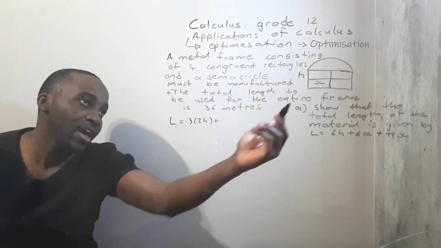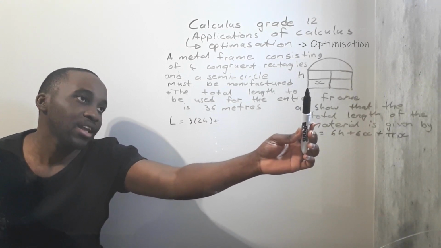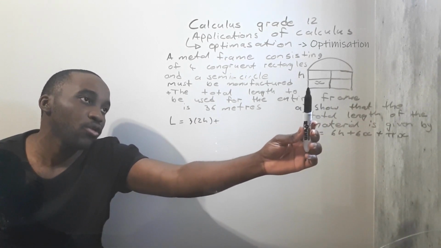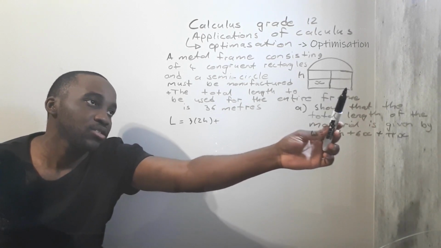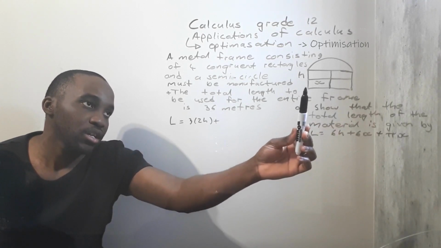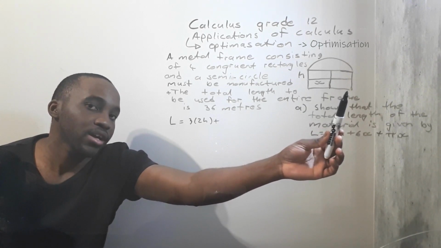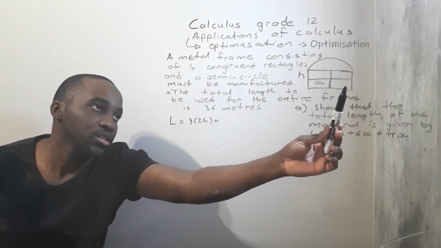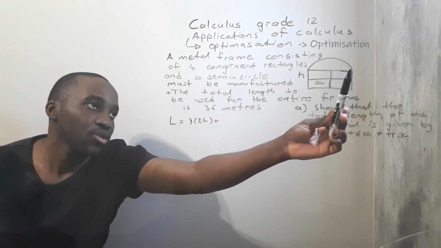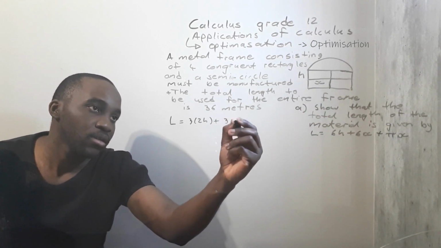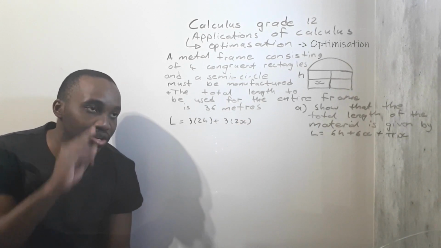And then we want to add, we can use the same analogy for the length all the way from left to right here. So if this is going to be x, we know that this is going to be another x. So technically the whole thing here is 2x, you see. So we have 2x here, another 2x there, and then another 2x at the top there. So we also have 3 2x's that we need to add there.